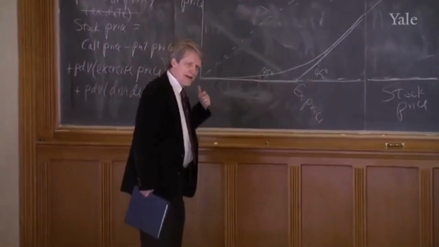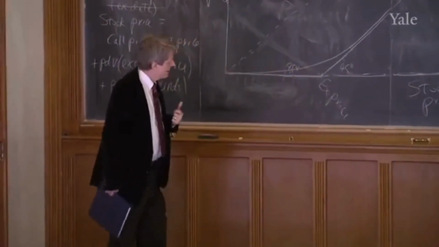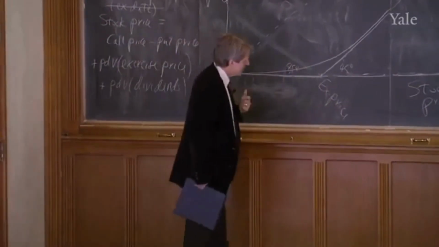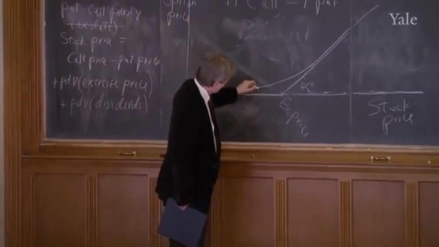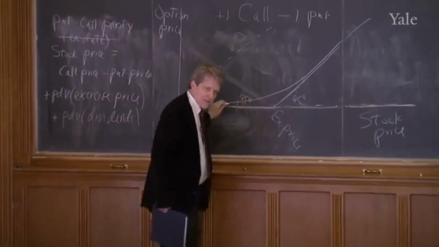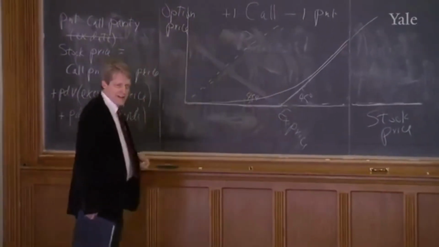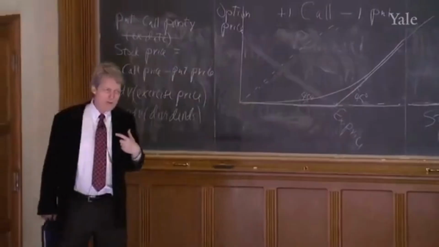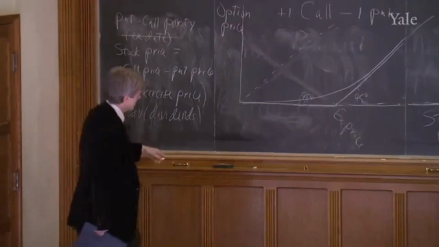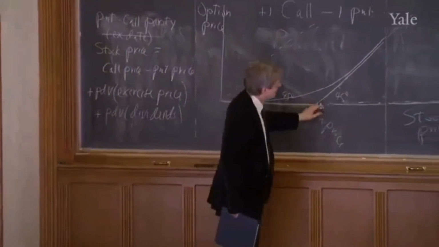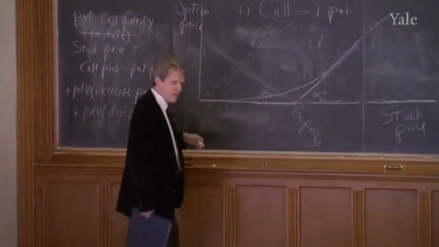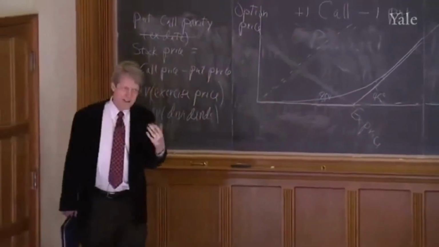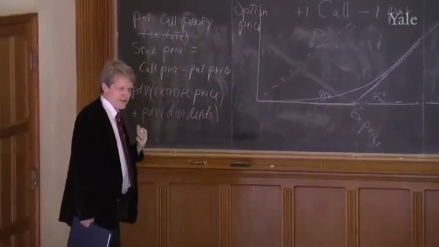But the reason you don't want to exercise an option early is because if you exercise it early, your value drops down to the broken straight line. It's always worth more than the broken straight line indicates before the exercise date. So if you want to get your money out, sell the option. Don't exercise it early.